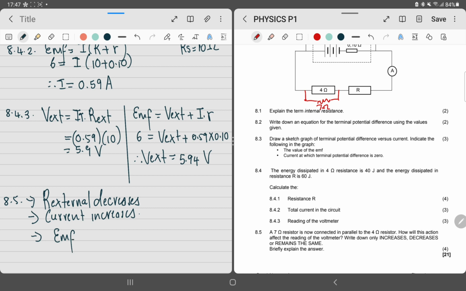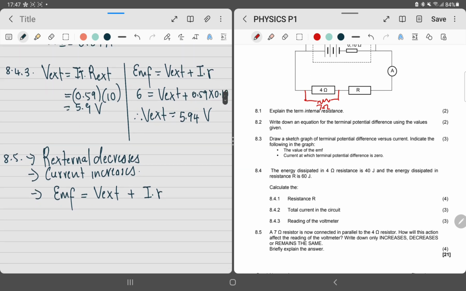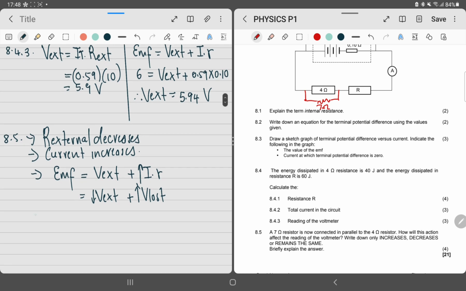From the EMF is equal to V external plus I times r, the EMF doesn't change and the internal resistance doesn't change. So when the current increases, it means that the V lost goes up, and then V external is obliged to go down. So this means that the reading on the voltmeter decreases.